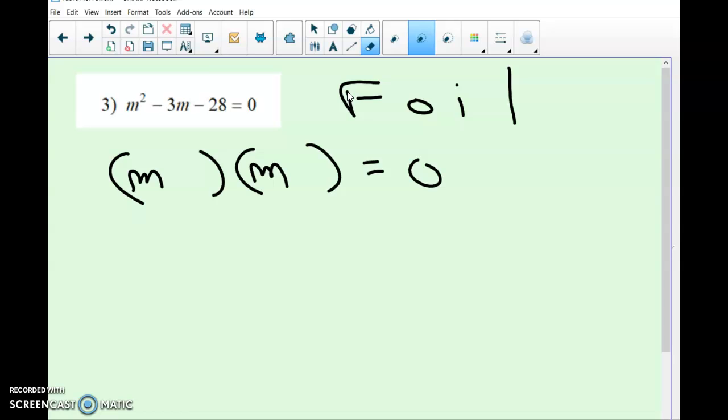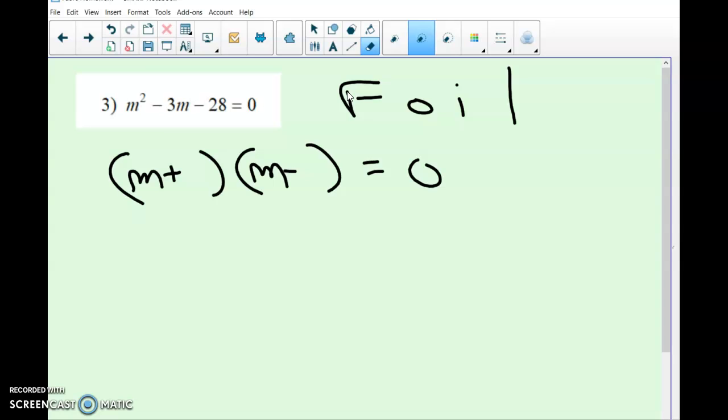So let's take a look. I don't have a numerical coefficient on that quadratic term, so I can write those in right away. Anyone disagree? Okay, so we're all set with that.